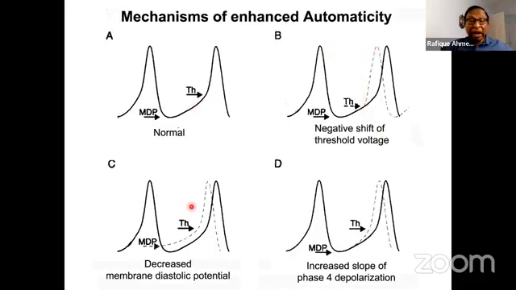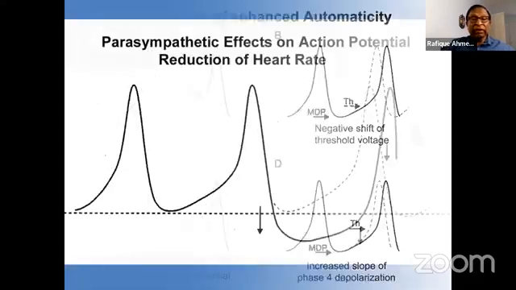Or it can happen that the maximum diastolic membrane potential, for some reason, goes up towards less negative, and that will increase the rate. Or I have a change in slope. This funny current can change and cause tachycardia. And there are different mechanisms. Why will this happen? Sometimes it's totally pathological, or like sympathetic tone.